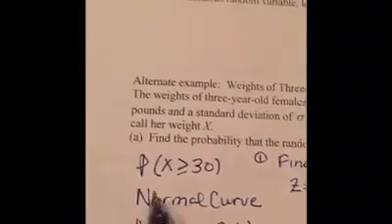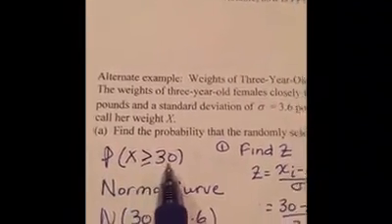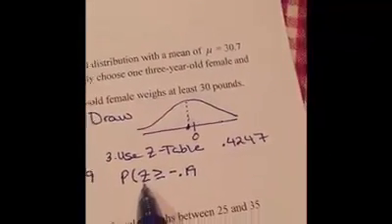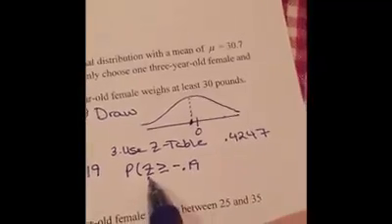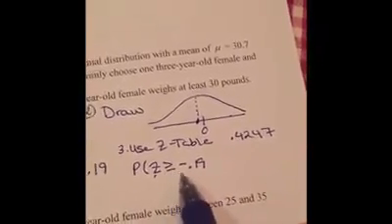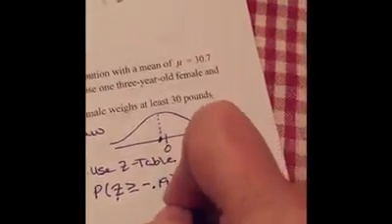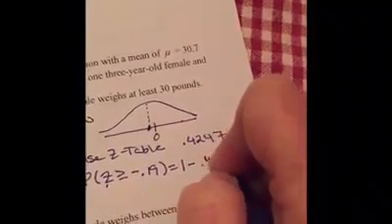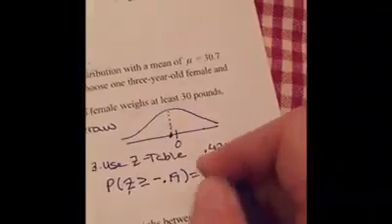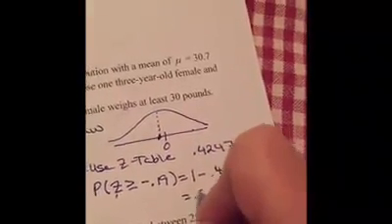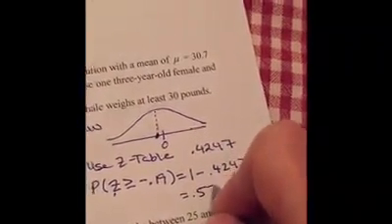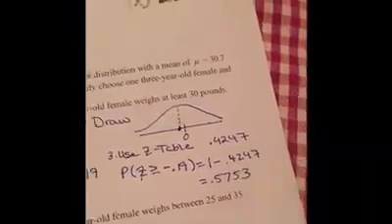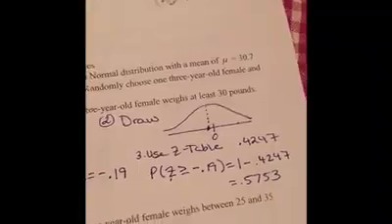Remember the original problem when we were looking for the random variable? Before we normalized it, it was greater than. Now that we've normalized it and turned it into a z, it is still greater than or equal to. So that means we subtract everything from 1. So we have 1 minus the value we found in the table, and we end up with 0.5753.